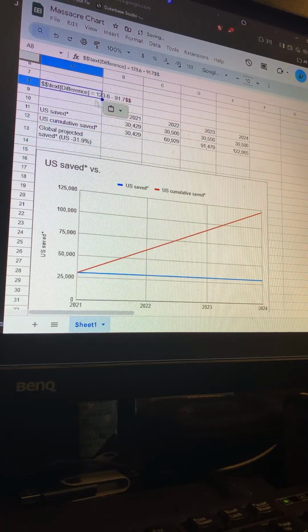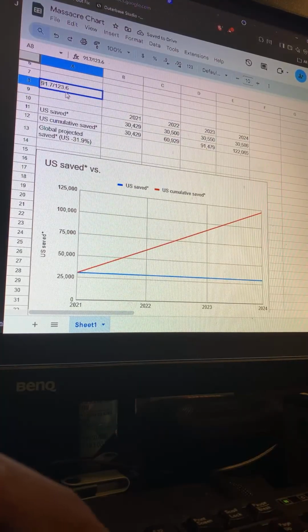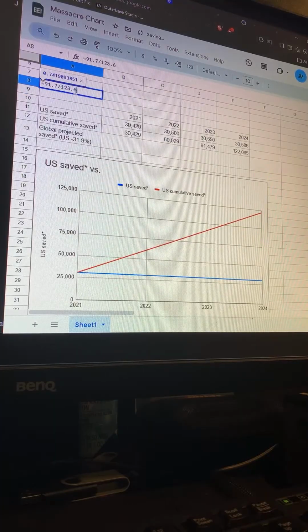Let's see what this is. 91.7 divided by 23.6. So let's see.